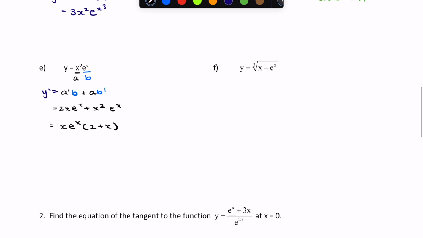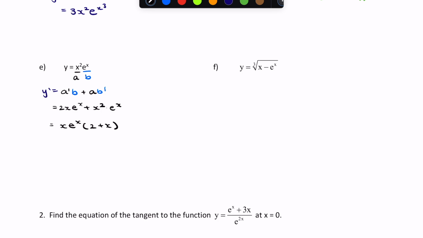So here we have y is equal to, again, cube root of x minus e to the power of x. Here we can rewrite this as y is equal to x minus e to the power of x, to the power of 1 over 3.